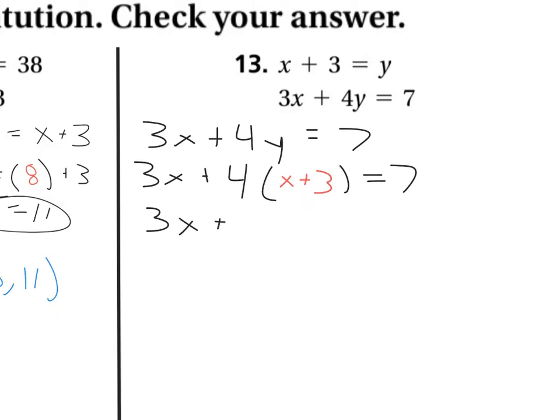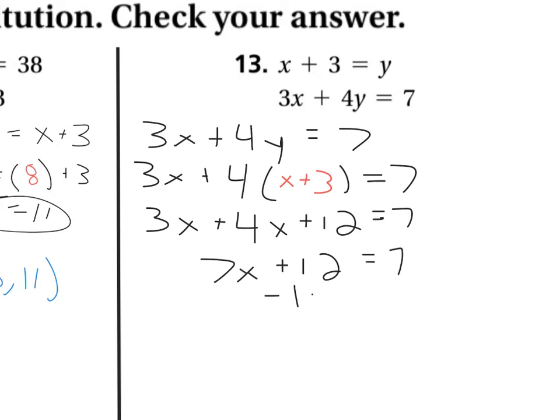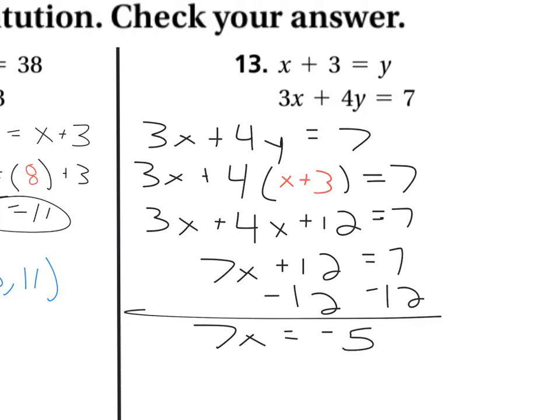So we get 3x plus 4 times x, 4x, 4 times 3, 12 equals 7, or 7x plus 12 equals 7. Subtract 12 from both sides, and we get 7x equals negative 5.